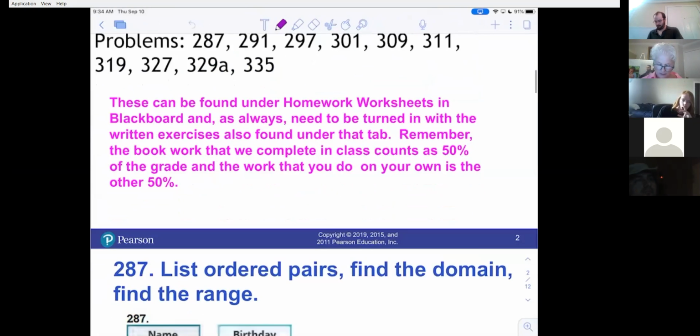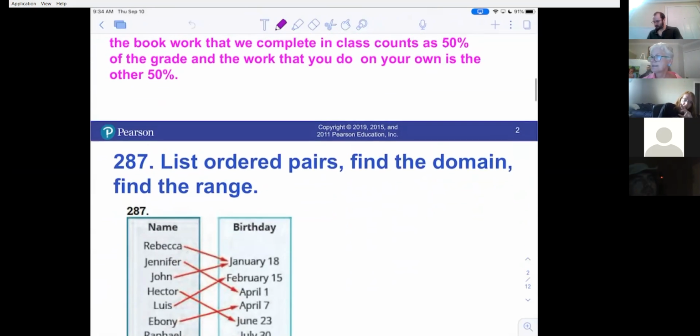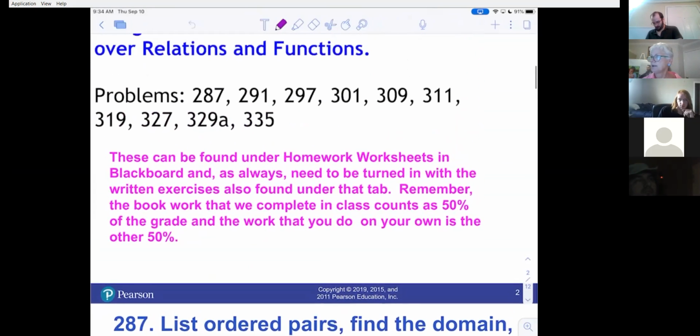Okay, so what I'm going to do is put y'all in groups, and then I'm going to jump in and tell you which problems I want you to be able to share with the class when we come back together. There's only 10 problems, so this should not take long, but I want you to do them all, but I want you to focus on the ones that I tell you.